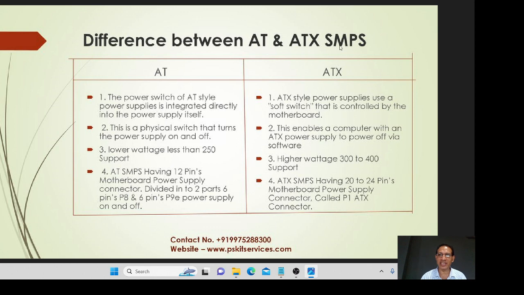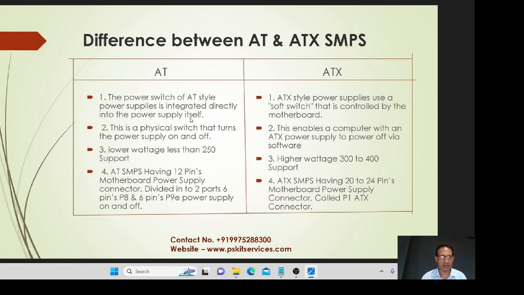Quite interesting here is the difference between AT and ATX. I already mentioned most of the points, but briefly: AT has a separate switch to switch on, but ATX has a software-enabled power-on system.